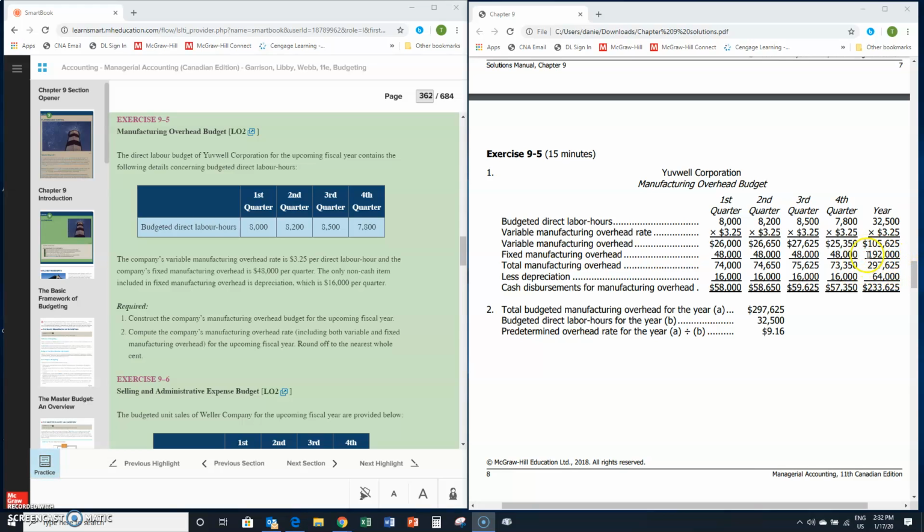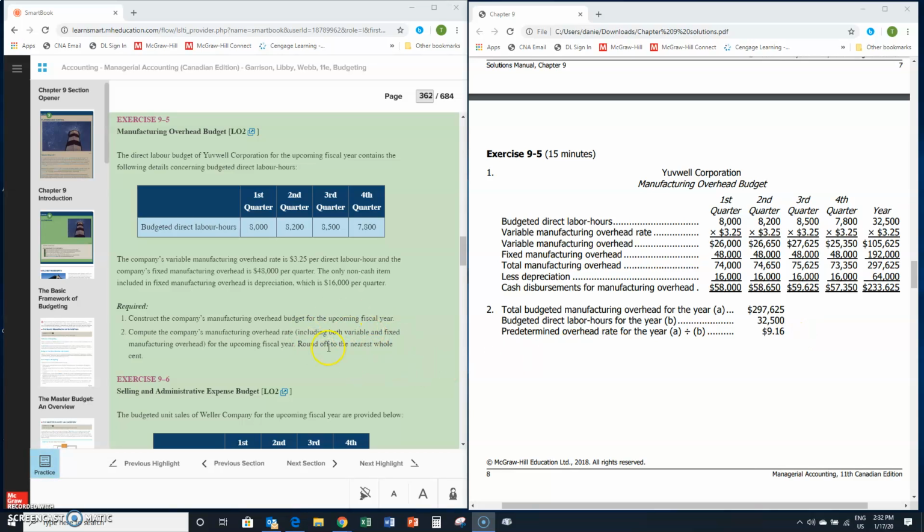We take the total overhead and we divide it by the total direct labor hours. So that's here. We added up all the direct labor hours and we added up all the manufacturing overhead. So you divide it out, and the predetermined overhead rate is $9.16.